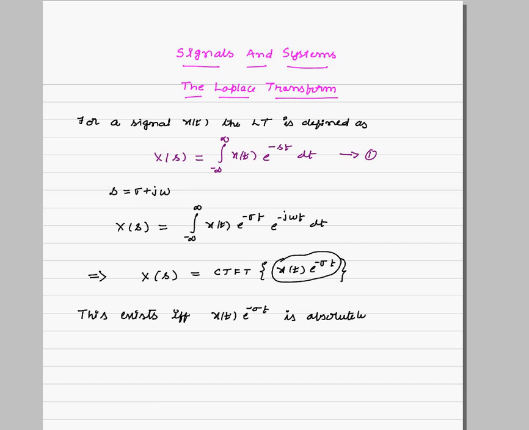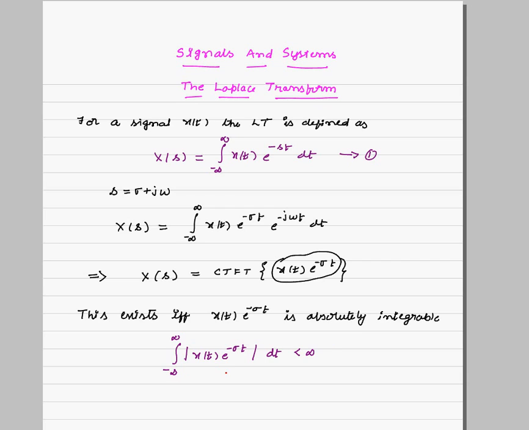What do I mean by that? We say that the integral from minus infinity to infinity of the modulus of x of t e power minus sigma t dt should be less than infinity. That is what we mean by absolute integrability.